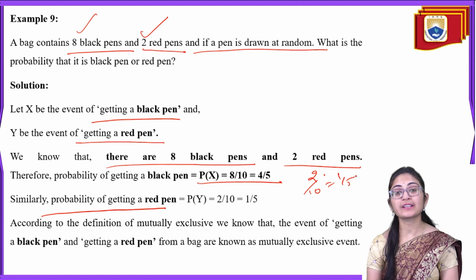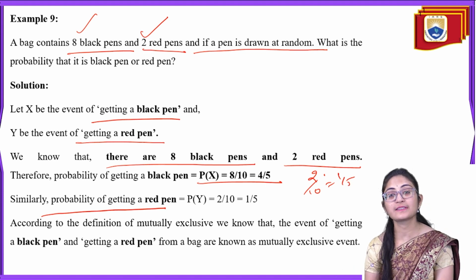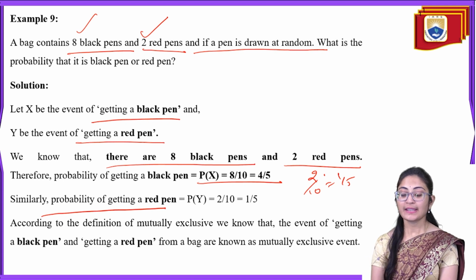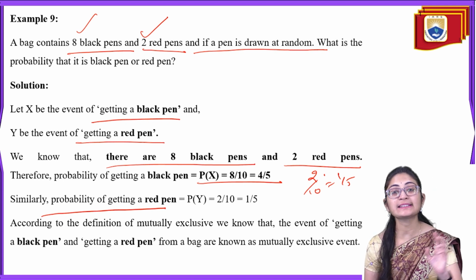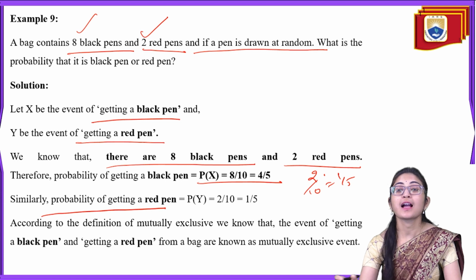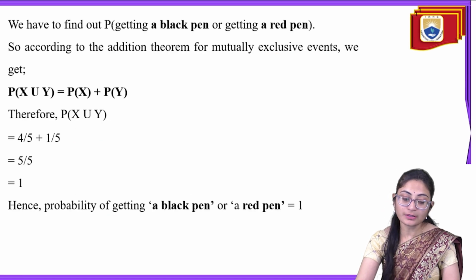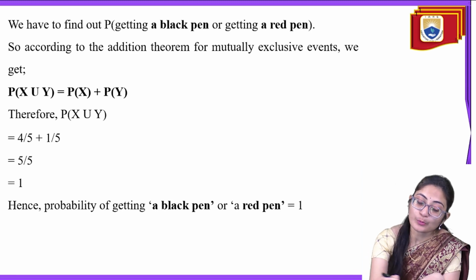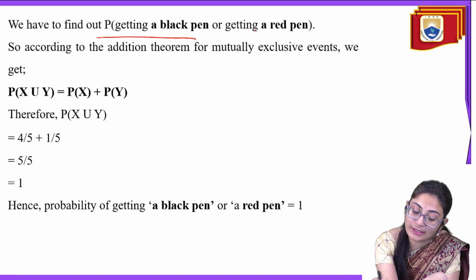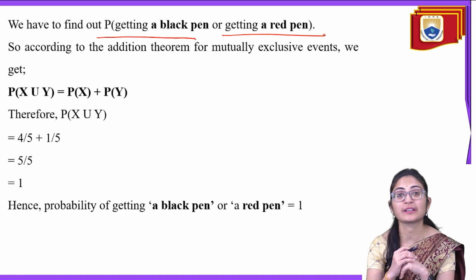So according to the definition of mutually exclusive, we know that the events of getting a black pen and getting a red pen from the bag are mutually exclusive events. Now we have to find out the probability of getting a black pen or getting a red pen.